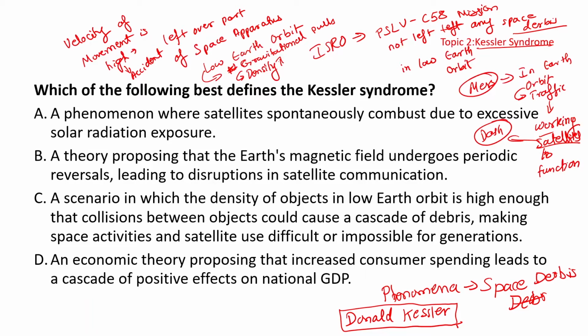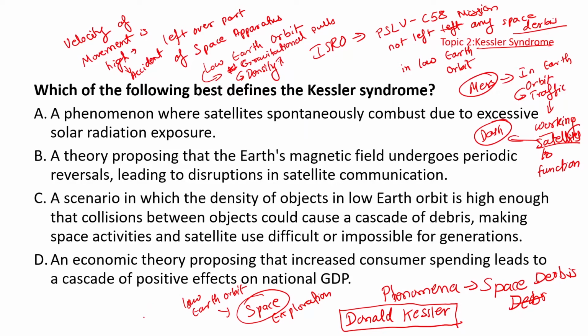Space can be used by everyone, and more and more space explorations can be carried out. In fact, this area of space, that is low Earth orbit, is very important for satellite communication, telephonic communication.